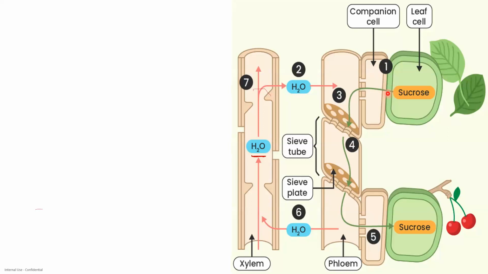It is coming into the companion cells and it is moving into the phloem elements. Fine. See, these companion cells have large number of mitochondria. They produce the energy via cellular respiration. Clear?